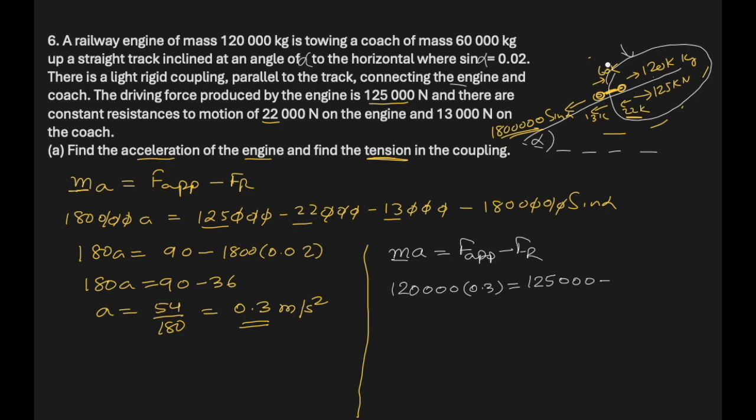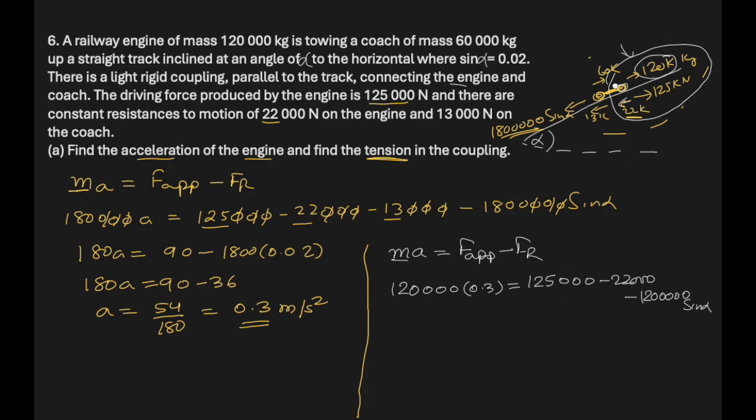Minus resistive force on the engine only. There is a resistive force of 22,000. And there will be a resistance of its own weight only, not the other one. What was the weight of this? No, 120K was the mass of the engine. So it will be 120K, multiplied by 10, which becomes the weight. This is mass, this is weight, and then sine alpha.